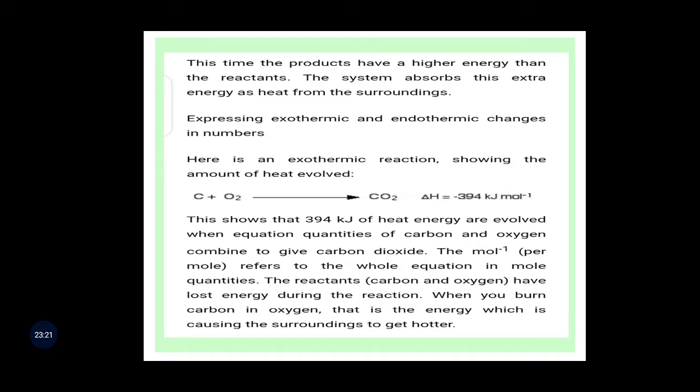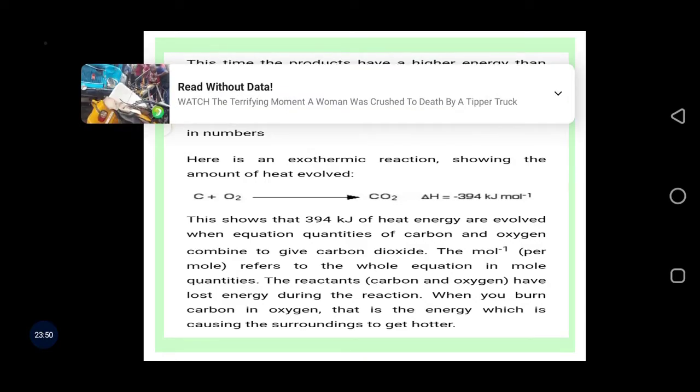They said this shows that 394 kilojoules of heat energy are evolved, that is, given off, when equation quantities of carbon and oxygen combine to give carbon dioxide. The per mole that you see there refers to the whole equation in mole quantity. The reactants, that is your carbon and oxygen, have lost energy during the reaction.